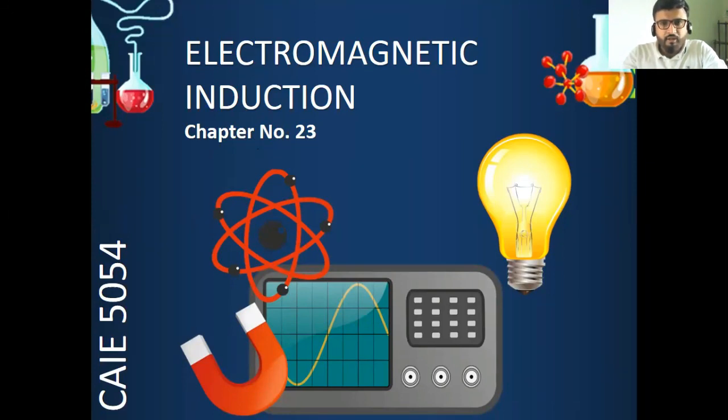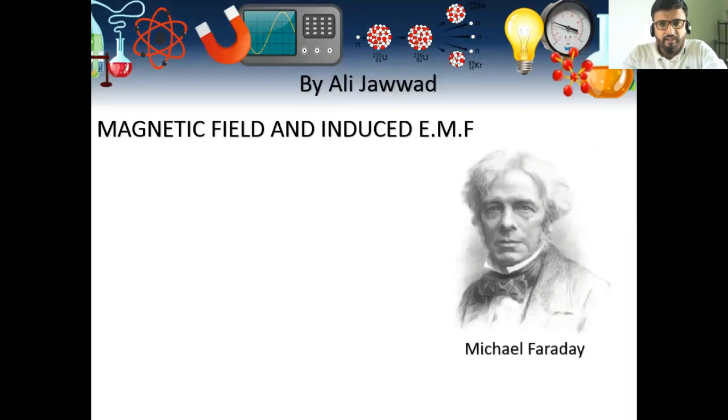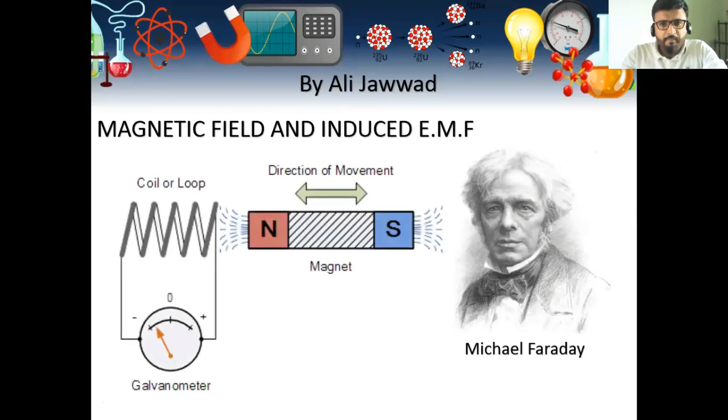The fundamental law in electromagnetic induction was proposed by a scientist, Michael Faraday. He observed in his laboratory that whenever the magnetic flux changes through a coil, a deflection on the galvanometer was observed.